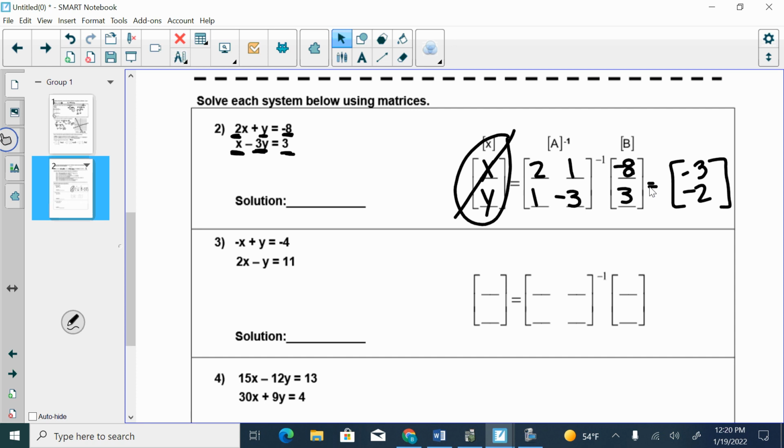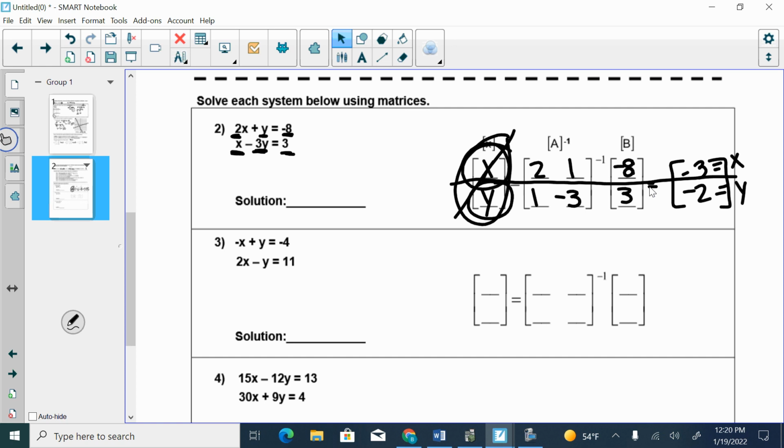Okay, so the -3 is in the top row, right? What letter did we say was being represented in the top row there? X. So X must be -3. What's being represented in the bottom row? Y. So Y must be -2.